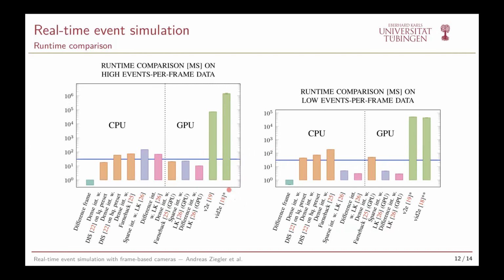Here in green are the state-of-the-art methods, and on both plots the others are our methods. Not all of our methods actually run below 30 milliseconds, but they're still faster than the state-of-the-art by several orders of magnitude.